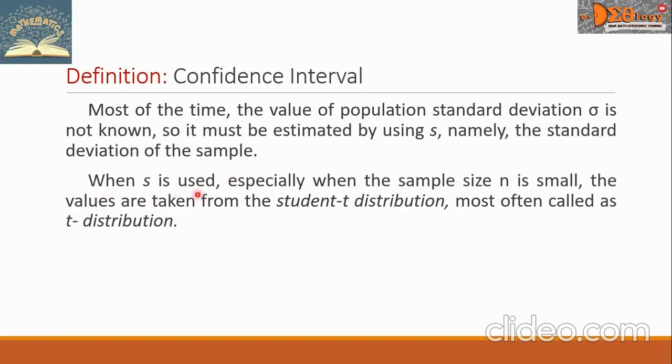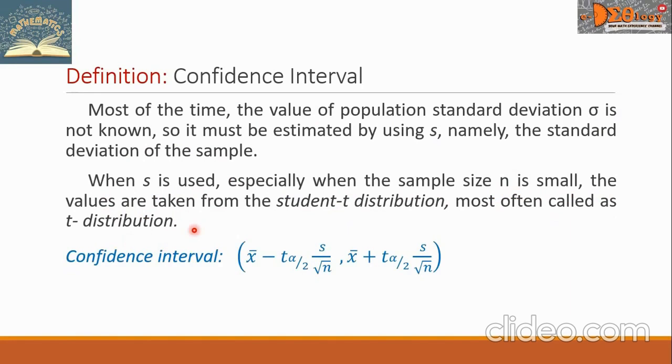When S is used, especially when the sample size n is small, the values are taken from the student t distribution, most often called the t distribution.